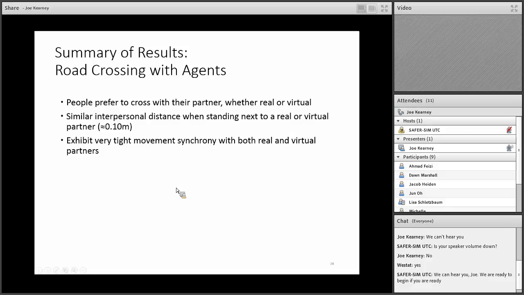So the summary of the results is that people prefer to cross with their partner, whether real or virtual. We found that they maintained a similar interpersonal distance, even though they weren't instructed to do so, when standing next to a real or a virtual peer. And they exhibit very tight movement synchrony with both the real and the virtual partners.